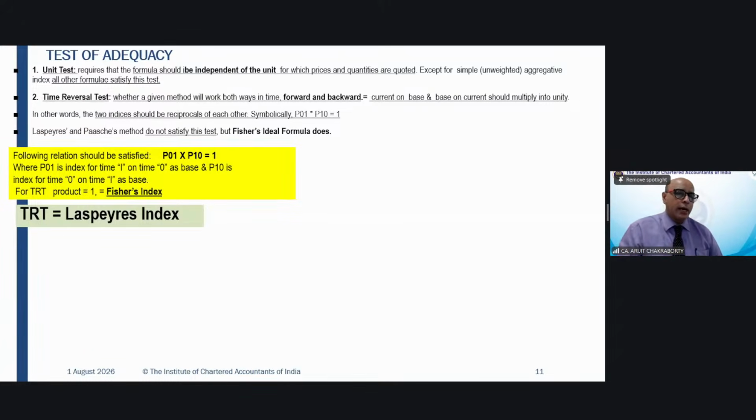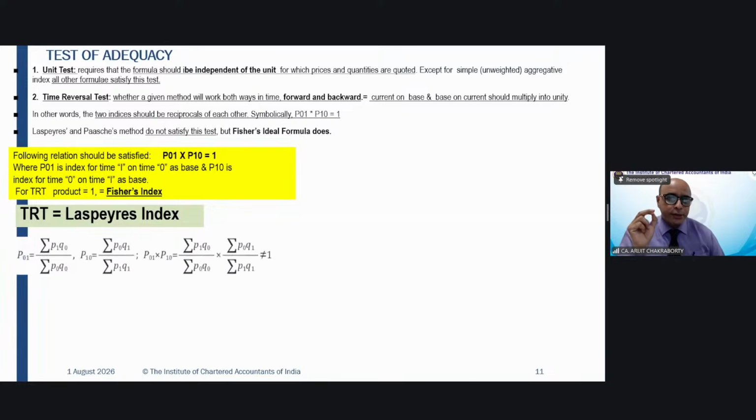चलिए एक नजर डालेंगे लास्पेरिस इंडेक्स, क्या ये TRT करता है? You can see I have written P01. Laspeyres index, you know P01 क्या होगा? Sigma P1Q0 divided by sigma P0Q0, because the weight is the base year, Q0. P10, that means Laspeyres index with respect to the current year.